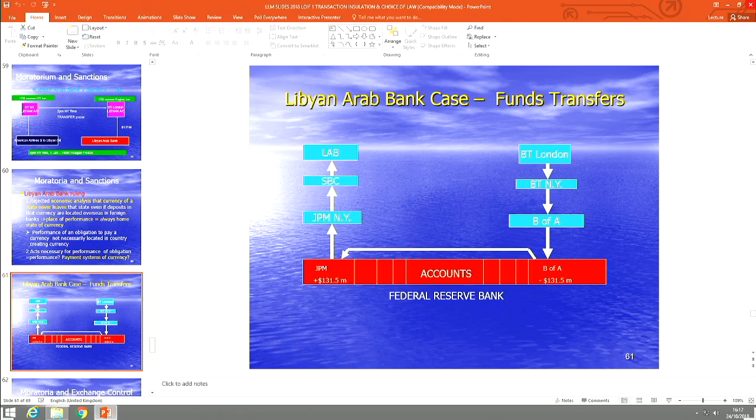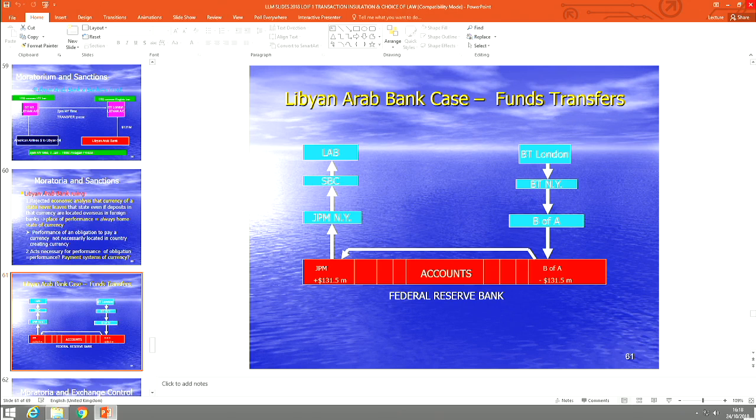And how would they do that? By requiring the Libyans to say, where do you hold your dollar accounts? Answer, say, Swiss Bank Corporation. Swiss Bank Corporation holds its dollar accounts at JP Morgan, New York, for example. Therefore, the funds transfer, in effect, can only happen with the account of JP Morgan in New York as ultimately the account holder for the Libyans, and Bank of America as account holder for Bankers Trust London.